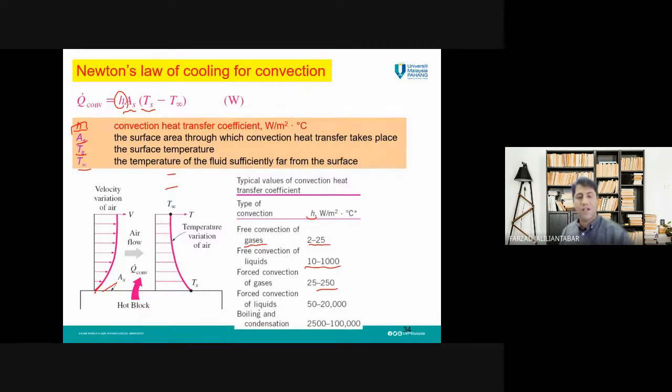And for forced convection of liquid, you can see how much it is increased. So adding just a small fan can increase the convection heat transfer coefficient a lot. Because of that, we add that. And boiling and condensation, as I told you, condensation is one type of convection heat transfer. And you can see the maximum, 2,500 and 100,000. Very, very big numbers for the convection heat transfer coefficient. And you will see in the different examples how important this is.